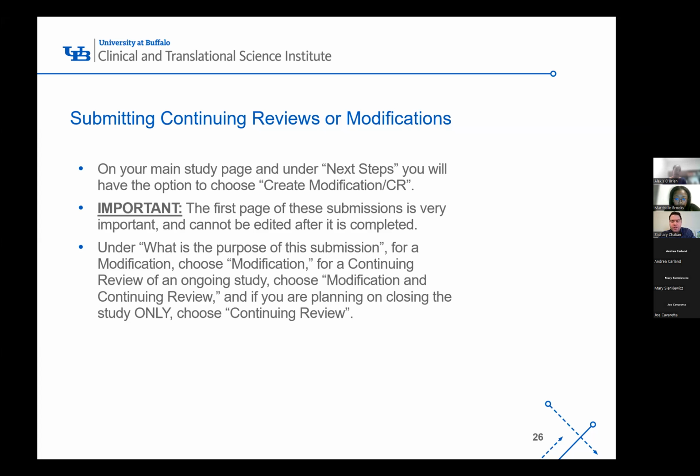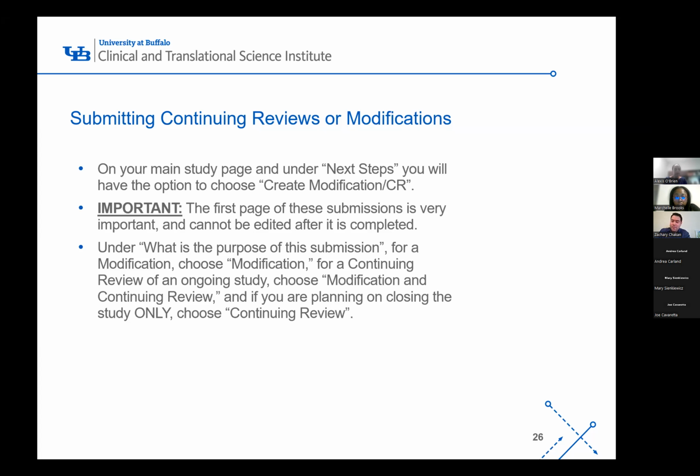For submitting continuing reviews and modifications, under next steps on the left side of your main study page, you should have the option to choose create modification/CR, continuing review. This is something I wanted to bring up because it is one of the most commonly made mistakes, a CLIC specificity that can cause people to sometimes submit things wrong 3 or 4 times before they do it right.